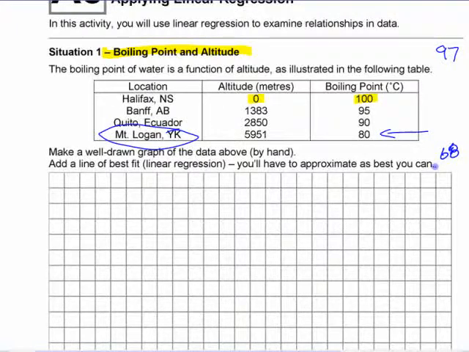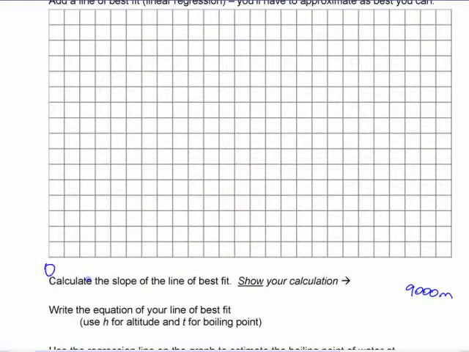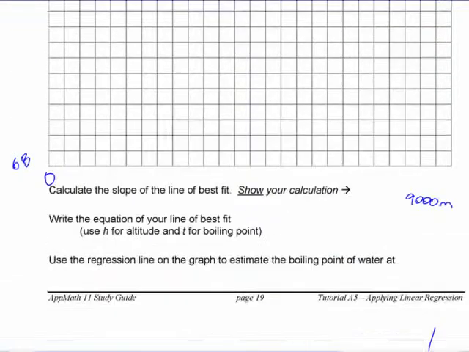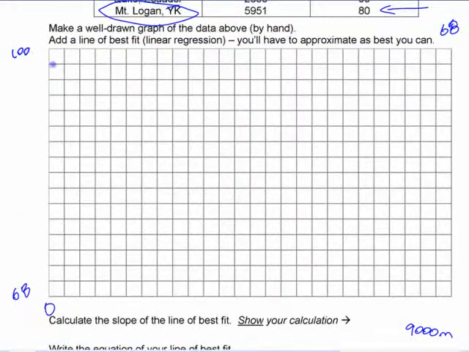I think at the top of Mount Everest it's above 68, so that would be safe. The highest is 100, the lowest is 68. So if you set this up so it goes from 0 to at least 9,000 and maybe goes from 68 to 100, that would be a good setup for that.